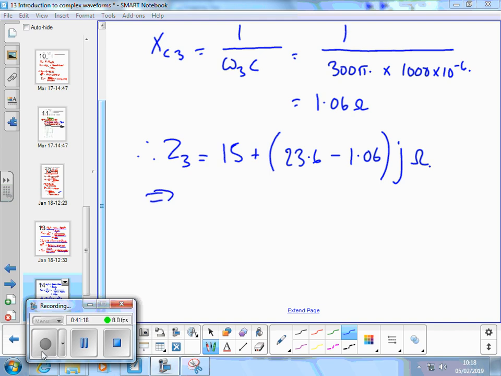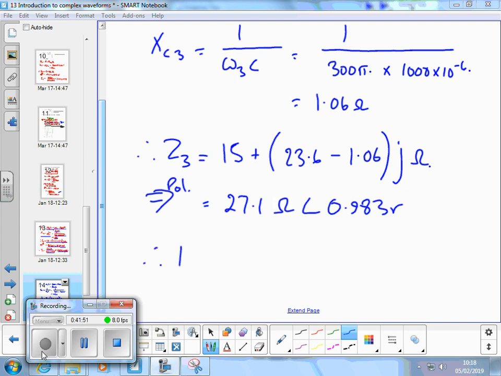Converting that to polar, what do we get? I'll put 27.1 ohms, angle 0.983 radians. Yep.